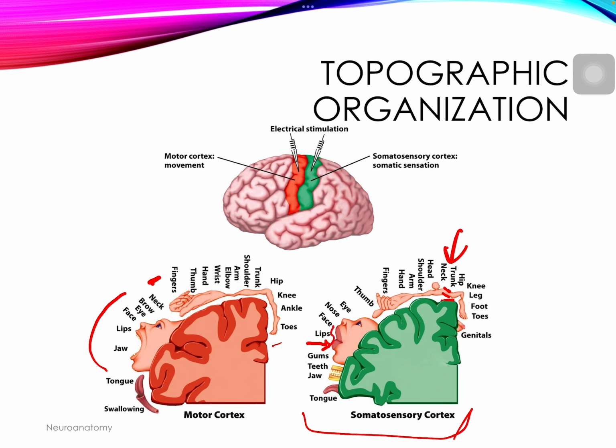The lips contain a lot more neuronal connections to allow for a much more sensitive touch compared to other parts of the body. Some other areas that are very sensitive, of course, are the genitals. The tongue has a lot of connections. The thumb and hands, as opposed to, for example, the shoulder and arm, very different connections.